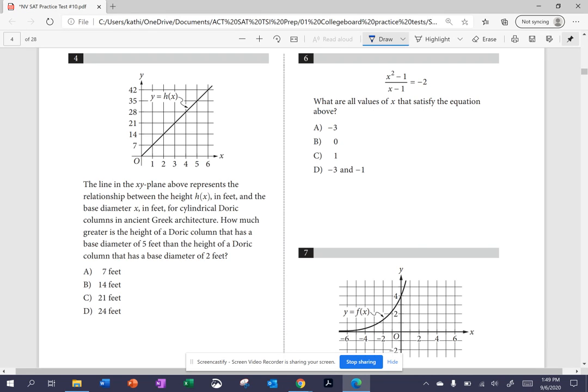How much greater is the height of a Doric column that has a base diameter of 5 feet than the height of a Doric column that has a base diameter of 2 feet? So the x-axis is the diameter, the y-axis is height. This is asking me how much greater is the height. Greater, so I'm doing a subtraction. So I'm comparing at 2 and 5 feet.